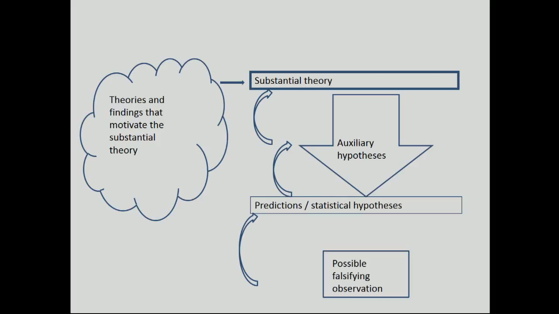But if it looks like adversity decreases resilience, you might say, no, I'm not going to accept that. That dependent variable, no way was that resilience. I'm keeping my theory, thank you very much. And so the falsification is not transmitted back to the theory. You're protecting yourself. So in order for the experiment to test your theory, we need to make some assumptions, and those are the auxiliary hypotheses.